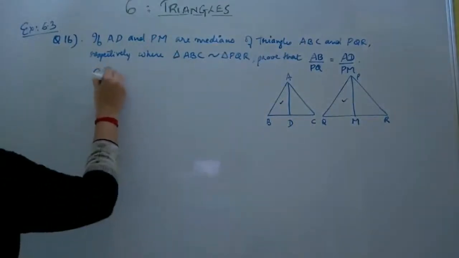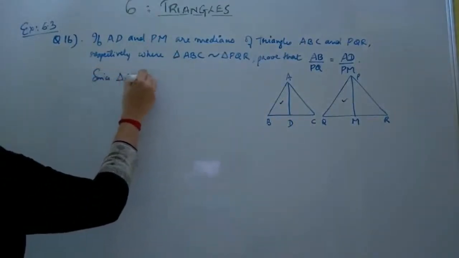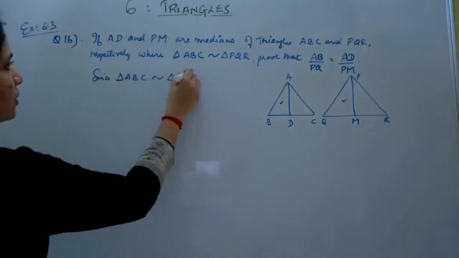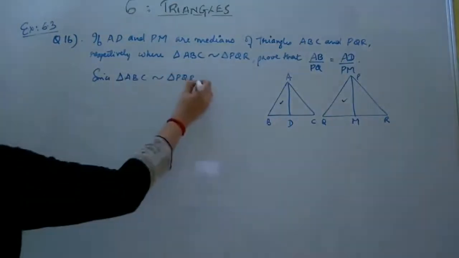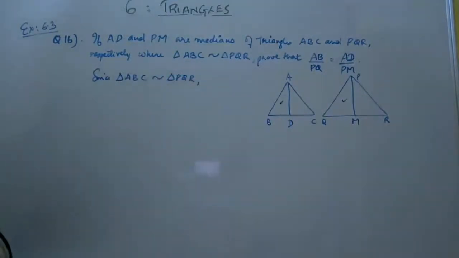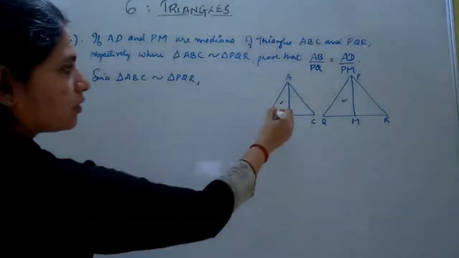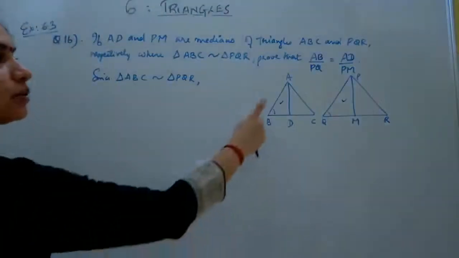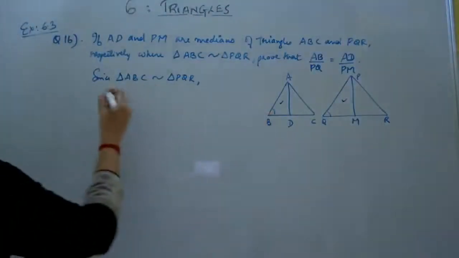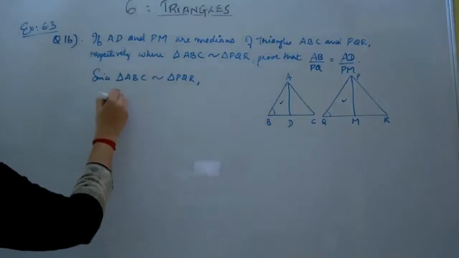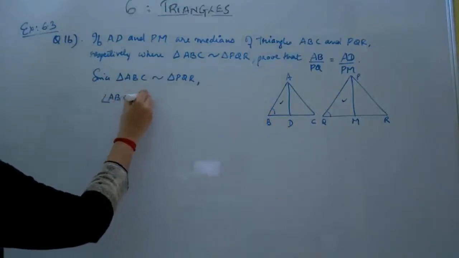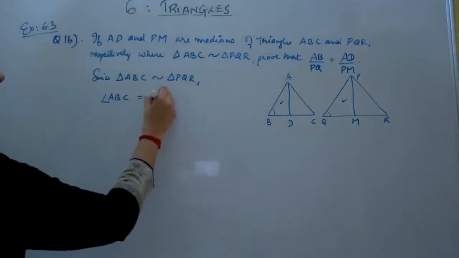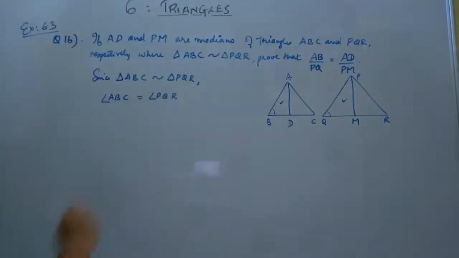Since triangle ABC is similar to triangle PQR, what you can say, the corresponding sides will be proportional and corresponding angles will be equal. So I am just taking this angle will be equal to this angle because that will be contained in this triangle. That's why we are taking only this triangle. Okay, so we can say that angle ABC is equal to angle PQR.